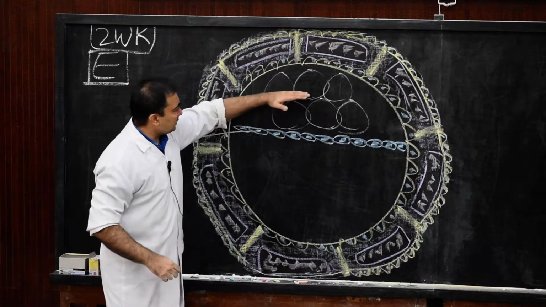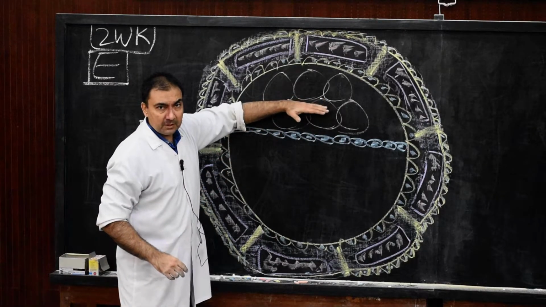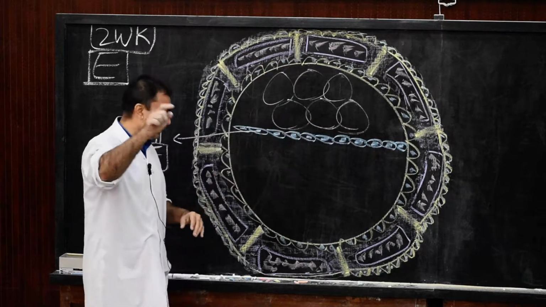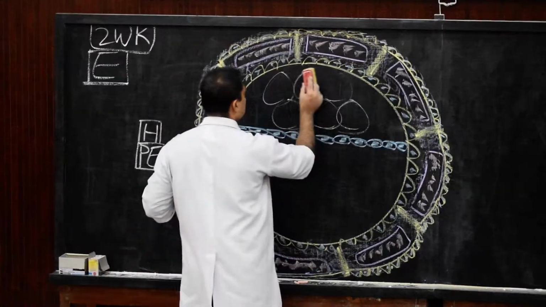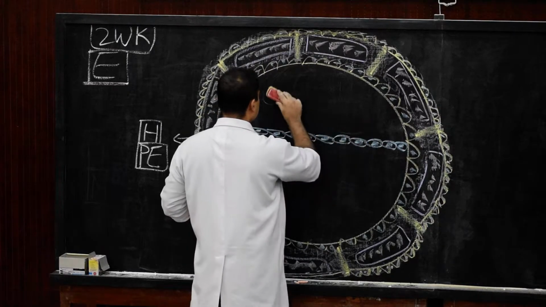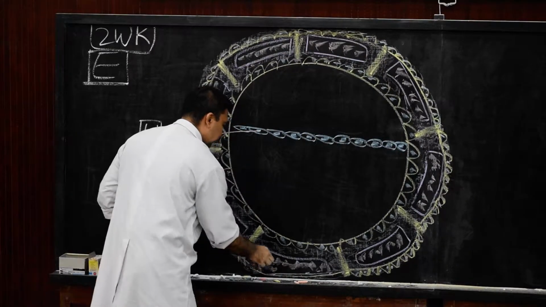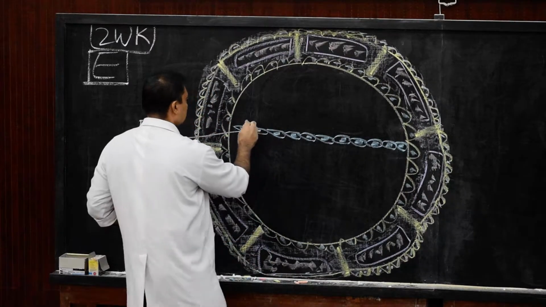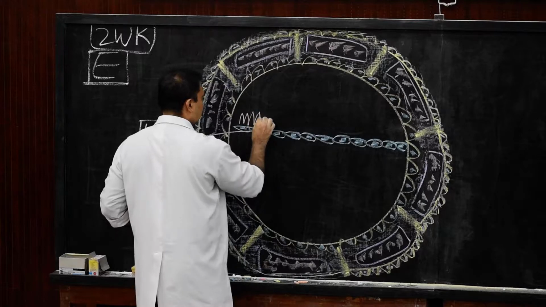Now from the outer part of the embryoblast, there will be development of a columnar variety of cells, long columnar cells.